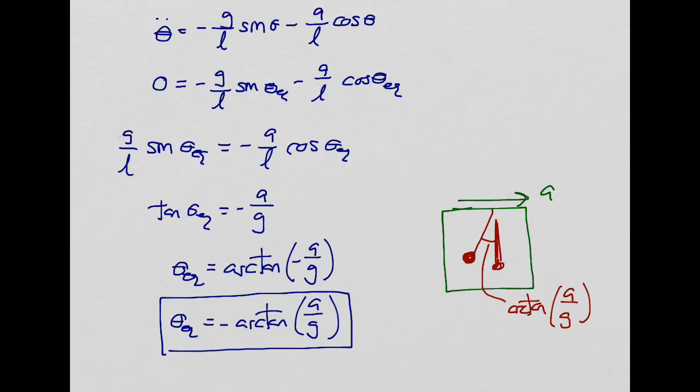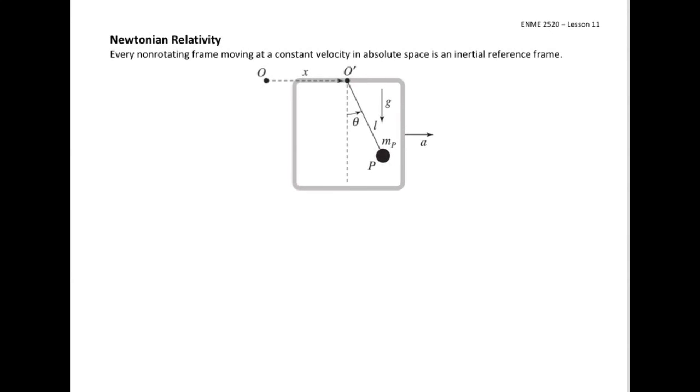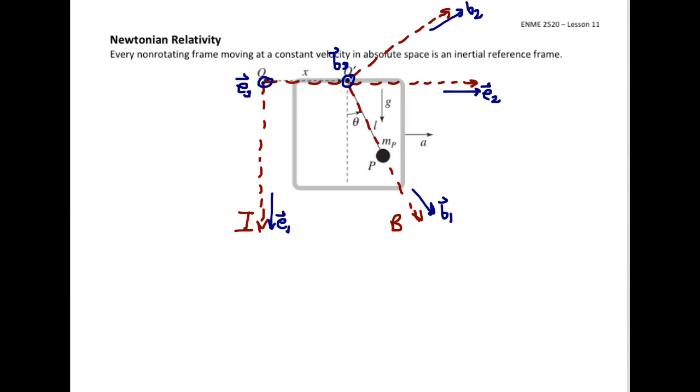So now let's take a closer look at this problem and put this into the context of multiple reference frames. Let's add a reference frame to get some more intuition about this idea of Newtonian relativity. So here are the reference frames that we started with. We got our inertial reference frame, and then we called this reference frame B, which was attached to the pendulum itself.